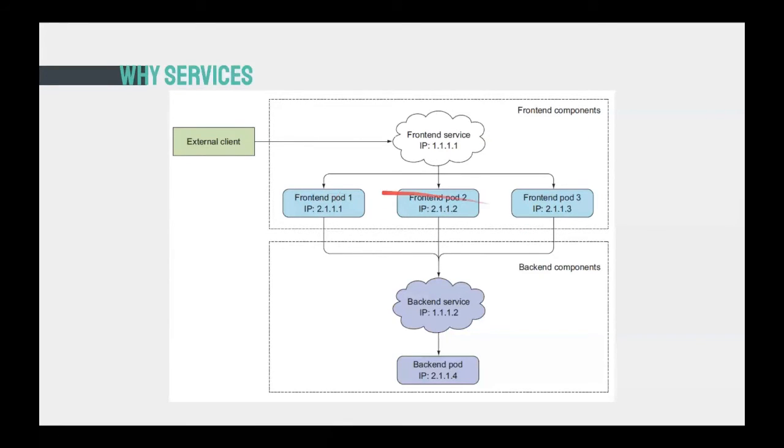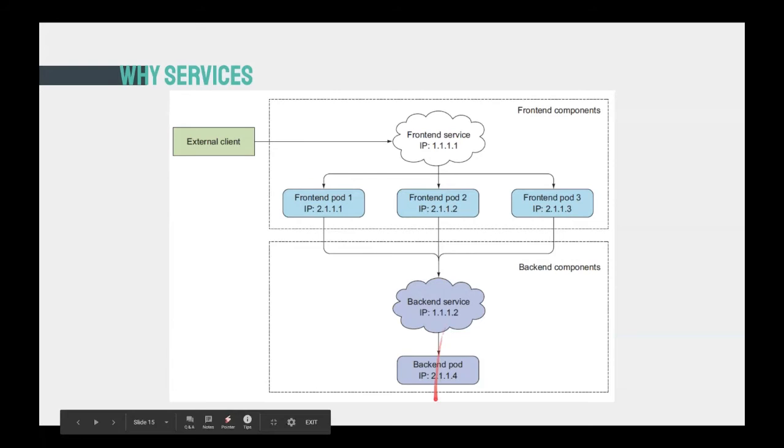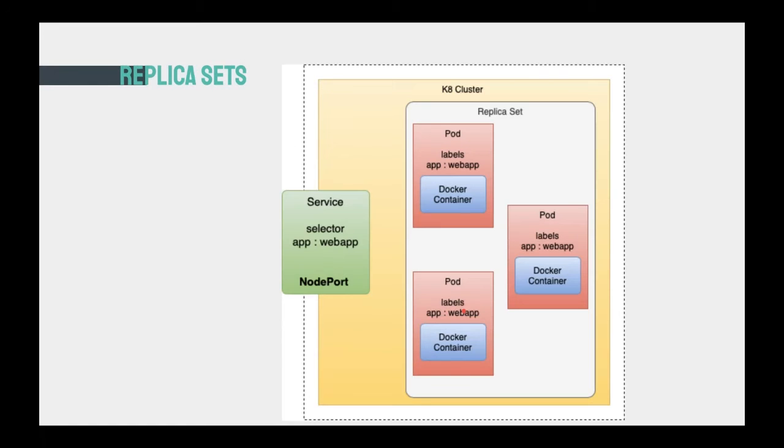All these 3 pods are exposed to the outside world by the front end service, and the backend pod is exposed to the front end application by the backend service. Then let's move into the replica set. In microservices, another most important aspect is having many replicas in one application, mainly for high availability and for load balancing as well.